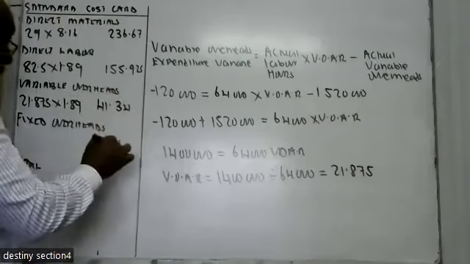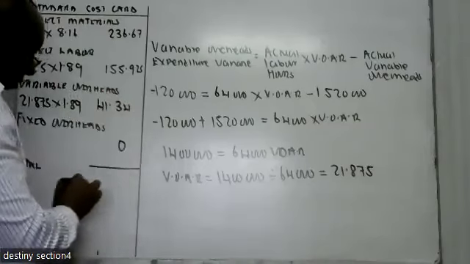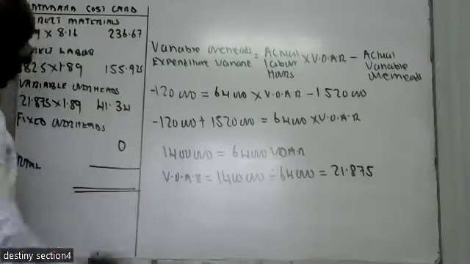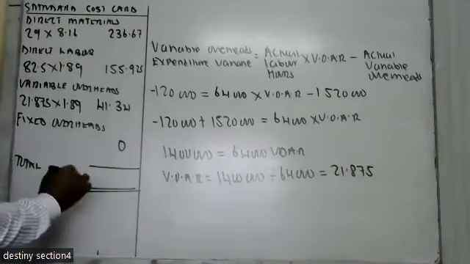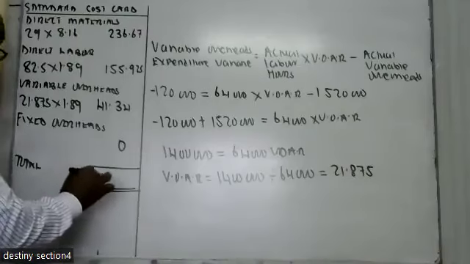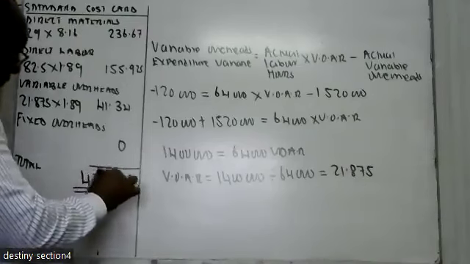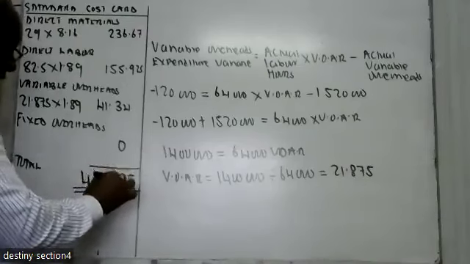For the fixed overheads, you take a 0 because it's not there. So add those together, and you get 3.935.